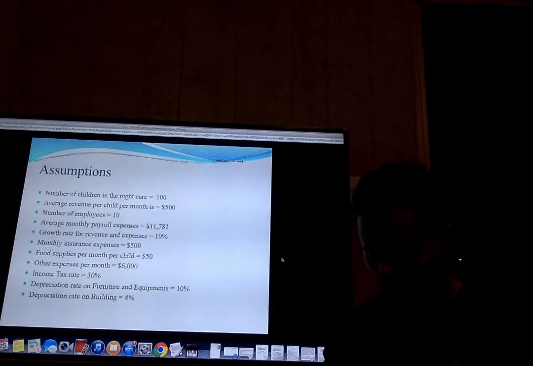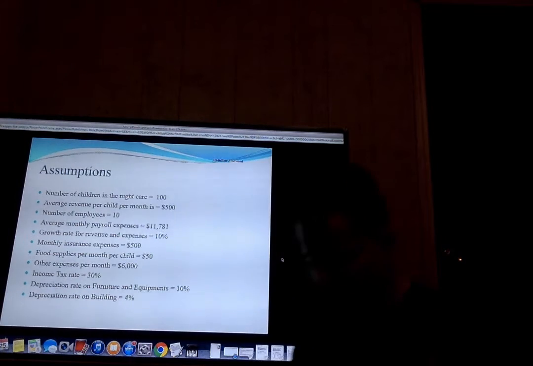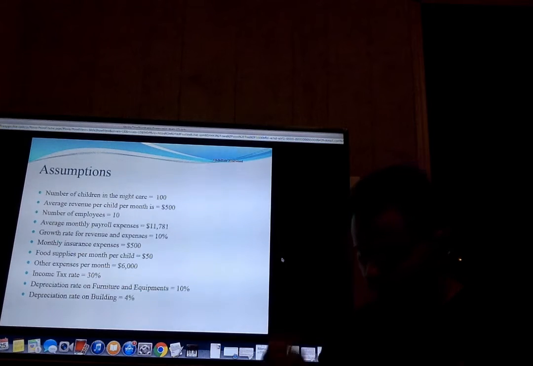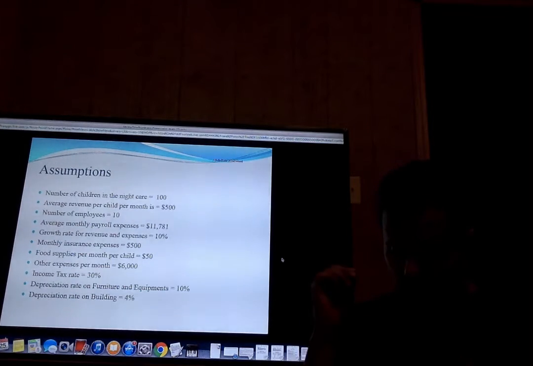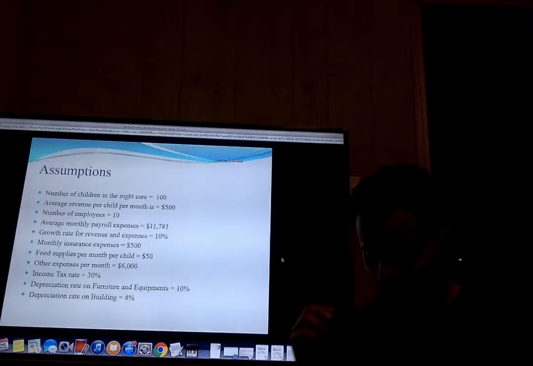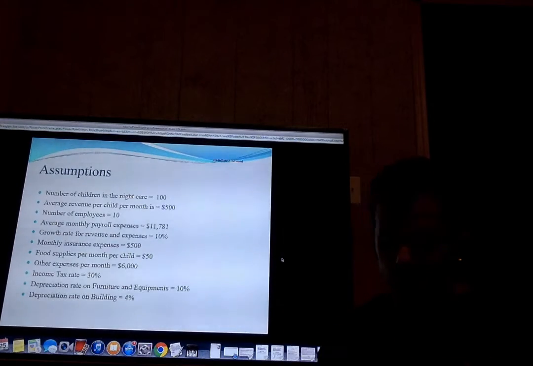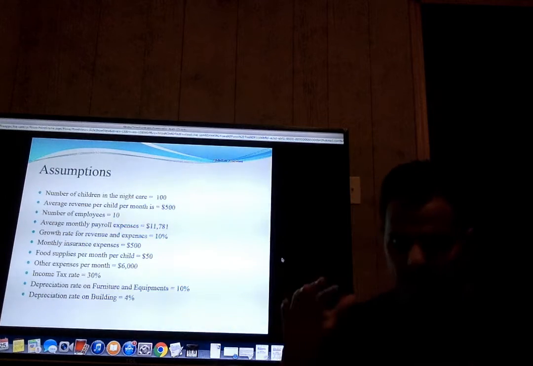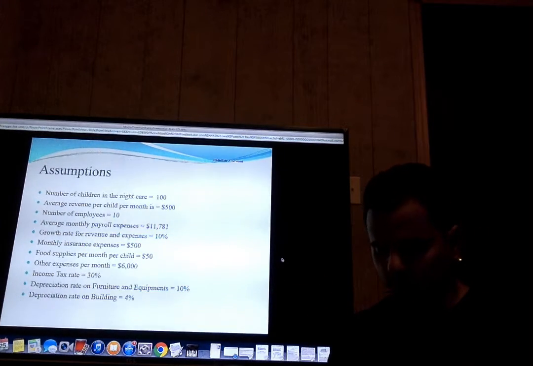Expectation. With the increase in the number of working parents, flexible working hours, and the growing trend of working in different shift timings, we are expecting to get a good response. During the first year of operation, we are expecting 100 children in our night care. Our fees will be based on the age of the child and hours of the service used.